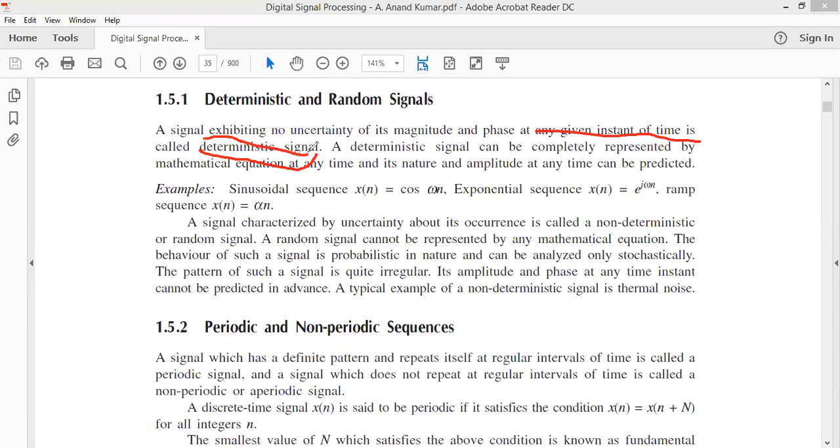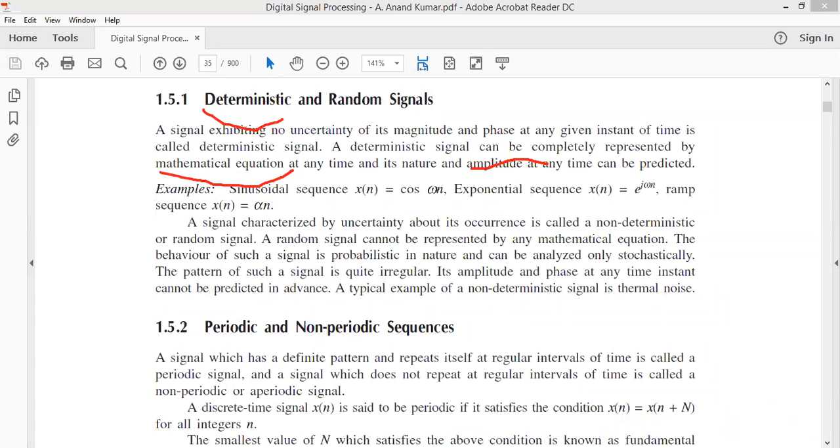Deterministic signals are represented by some mathematical equation, so if you substitute the value of n, you can predict its amplitude at any given time. Those are called deterministic signals.